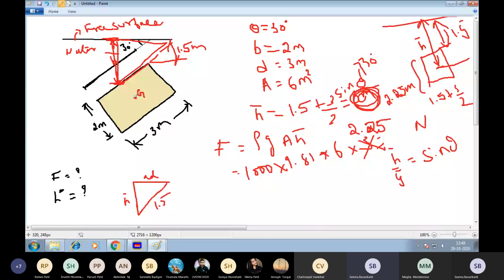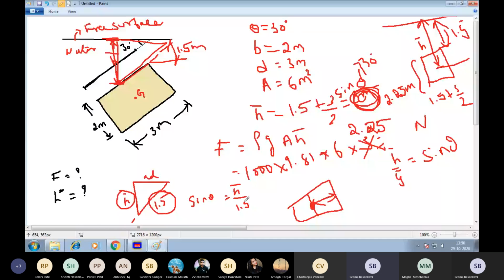Here I am going to draw this diagram. It will be easy for you to understand. This is h bar and this was the total rectangle surface. Since the center of gravity exists at the center, 3 divided by 2 is 1.5. This is h bar and this is the adjacent. Sine theta, how are we going to write it? It is opposite by hypotenuse, that is 1.5.